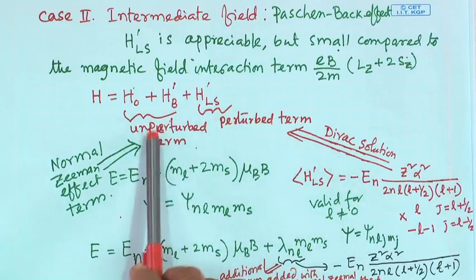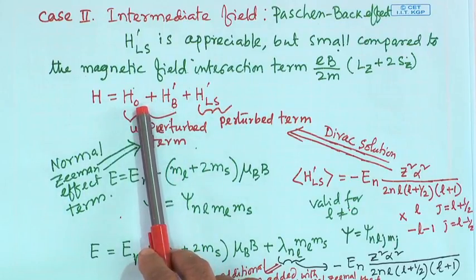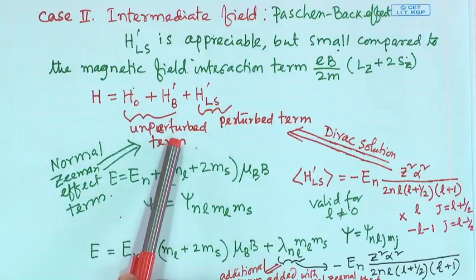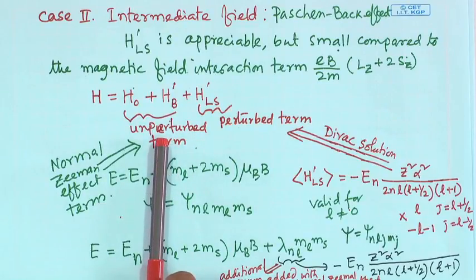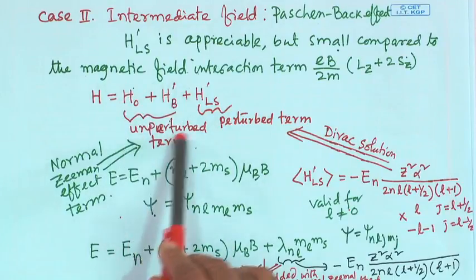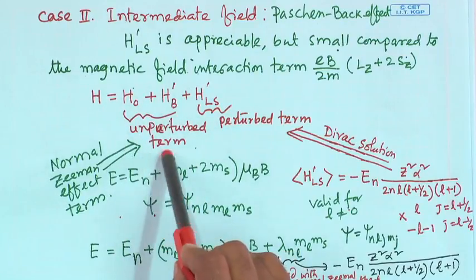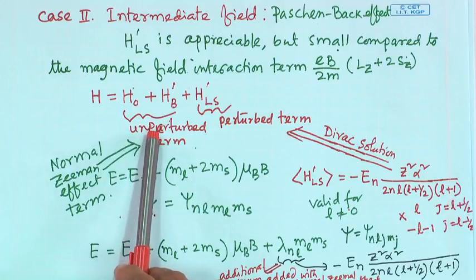Generally we choose the unperturbed term in such a way that its solution is known, and that wave function and its energy will be used for calculating the perturbed term. Here the unperturbed term we have taken is H_0 plus H_B dash, because for the normal Zeeman effect the solution, the wave function and energy, is already known to us.